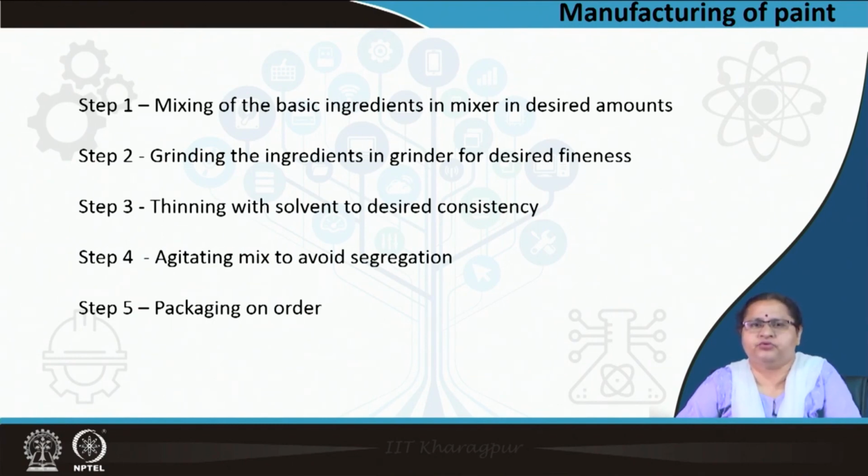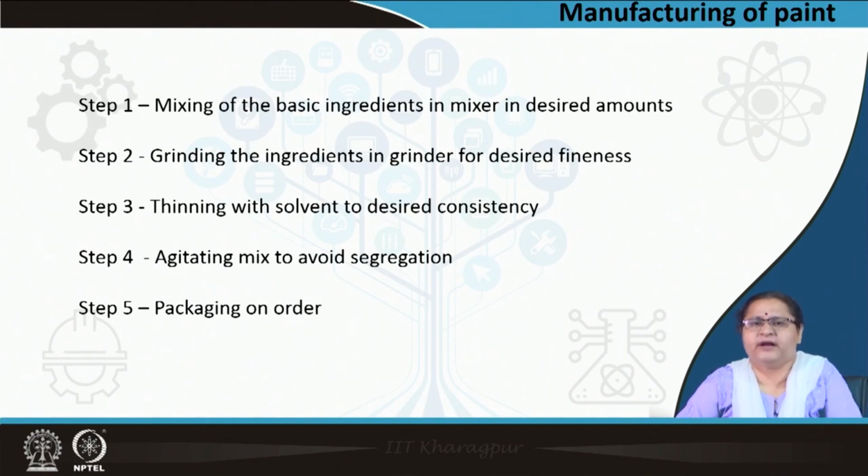Now you need to keep the entire thing agitated. As you see in the ready mix concrete, you are carrying concrete with the agitation or a vibration that was not to allow segregation. Here also you are agitating not to allow segregation of base from the binder and the thinner, or collectively the vehicle.